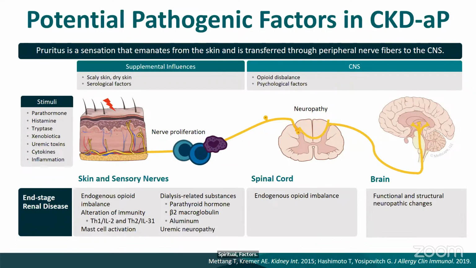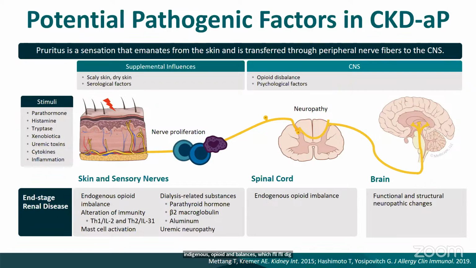And what it does is it perforates the nerves. So you've got this proliferation of the nerves, and it sends a stimulus to the neuropathy of the brain. And this is where we'll see functional and structural neuropathic changes. So inside the spinal cord itself are these endogenous opioid imbalances, which I'll dig into further on.